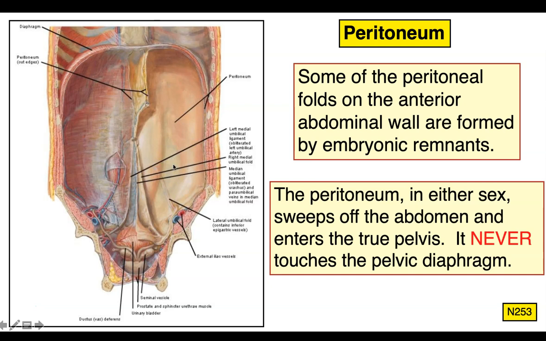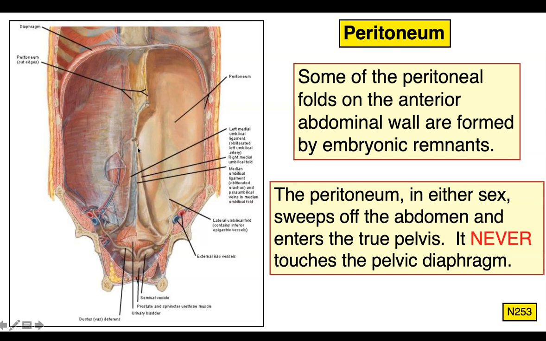It raises some folds below the umbilicus, and these folds are raised by some embryonic structures. There is one median umbilical fold, and on each side there are two medial umbilical folds, and then two lateral umbilical folds.